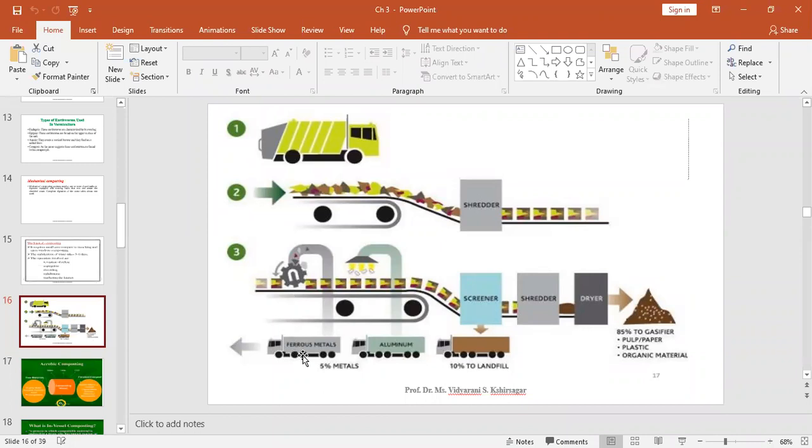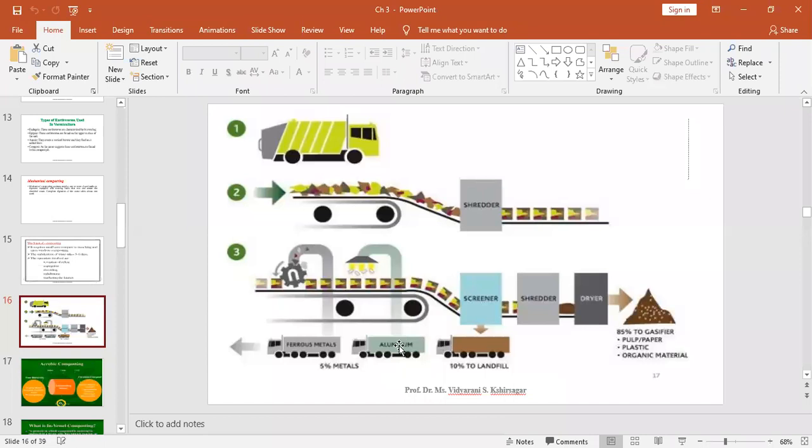Here in this figure you can see the ferrous metals separator. There is an arrangement made to collect the metals from the solid waste. Another one is provided to collect the aluminum metals. This will help to separate them out.